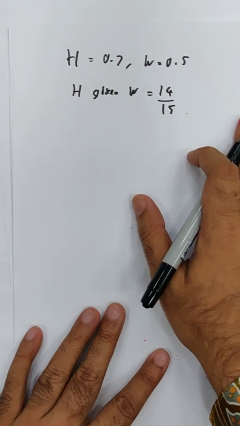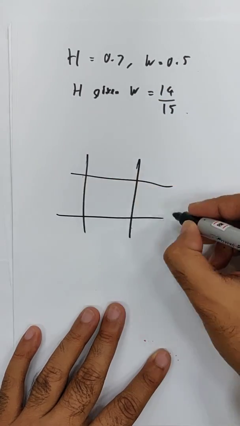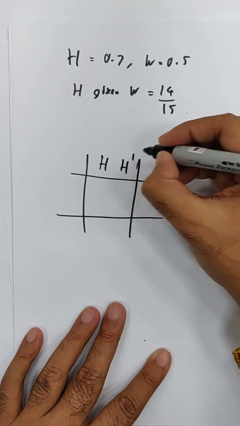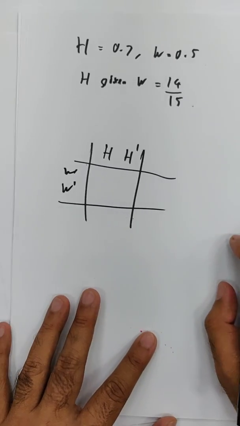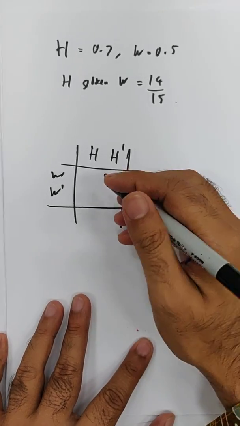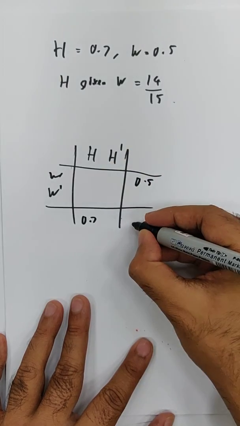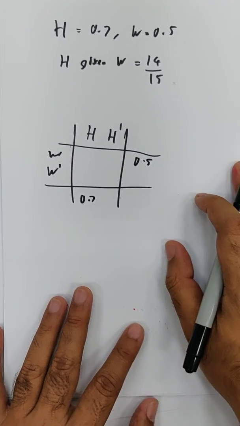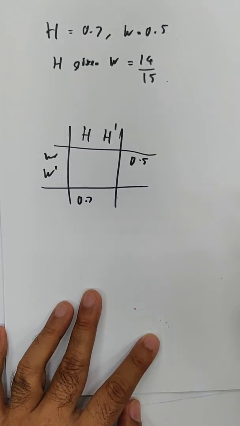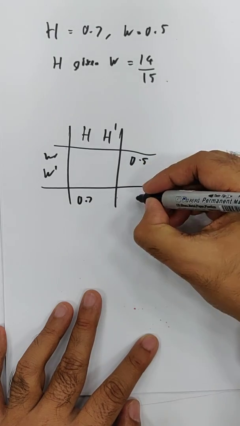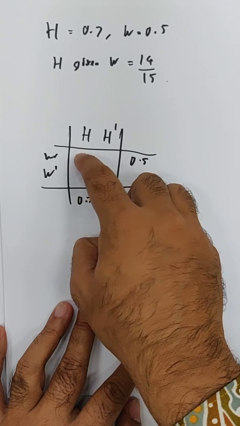So I can draw the table: husband, not husband, wife fail. Husband is 0.7, wife is 0.5. Okay, we do not have this intersect, right?